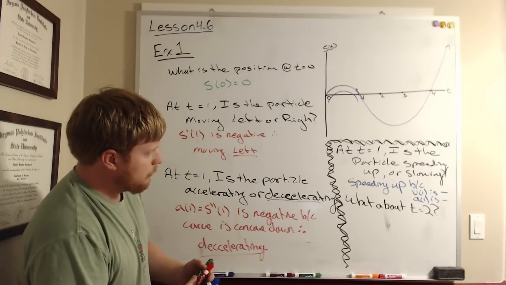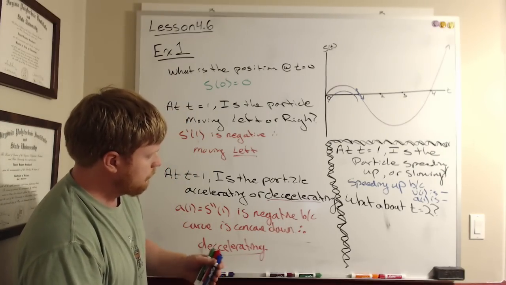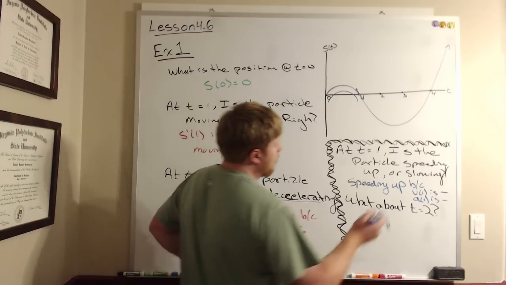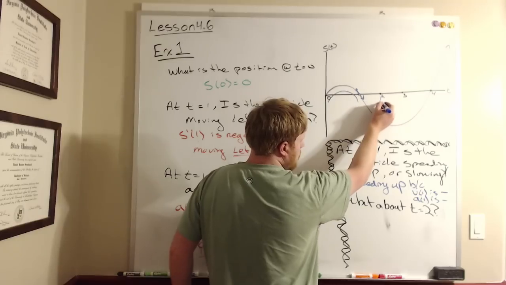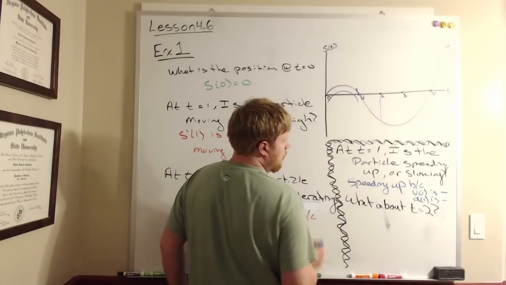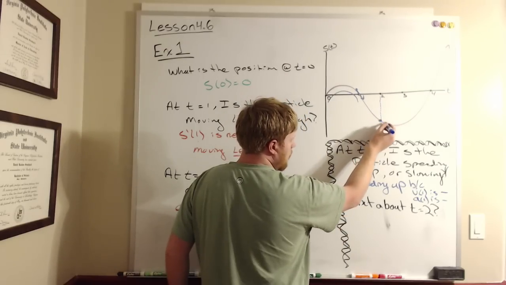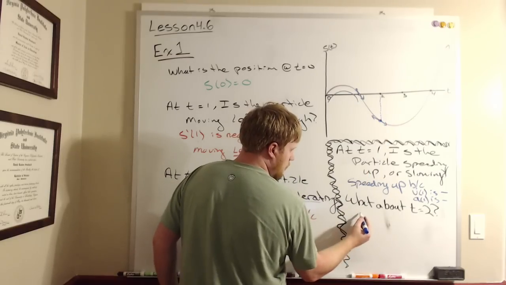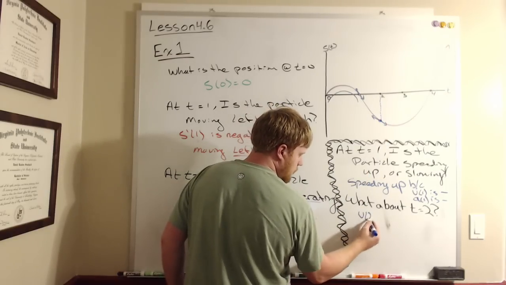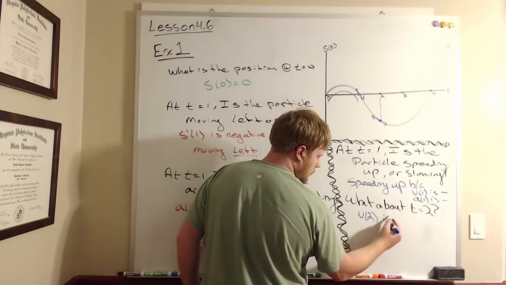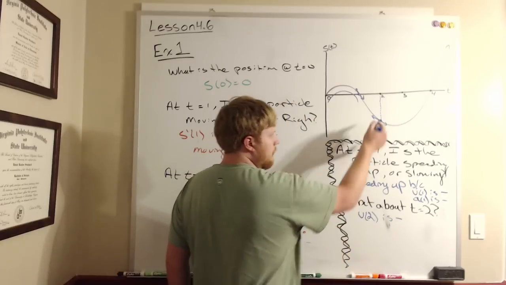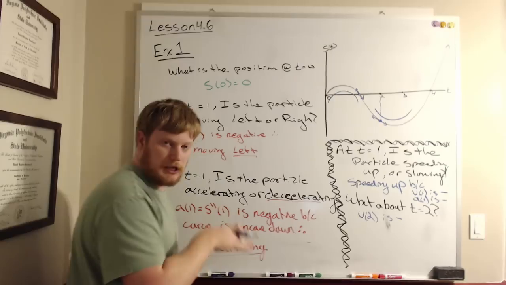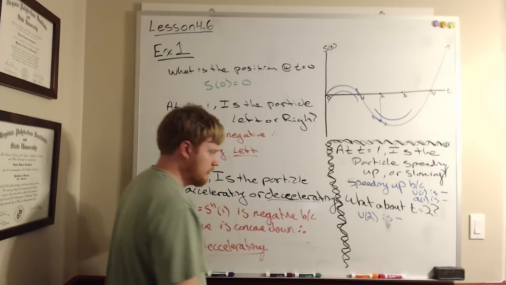What about t equals 2? Well, at t equals 2, the velocity at 2 is still negative. However, with the acceleration, I've slipped into this sort of concave up shape.